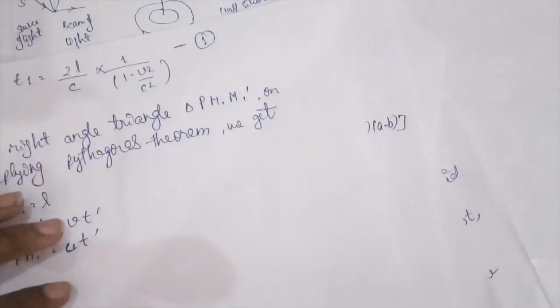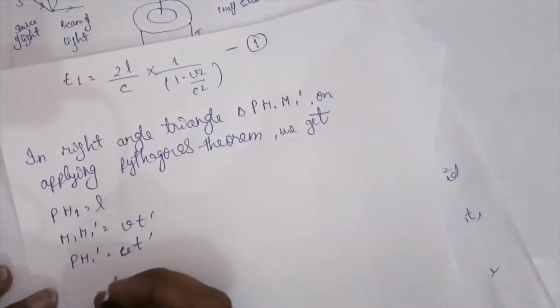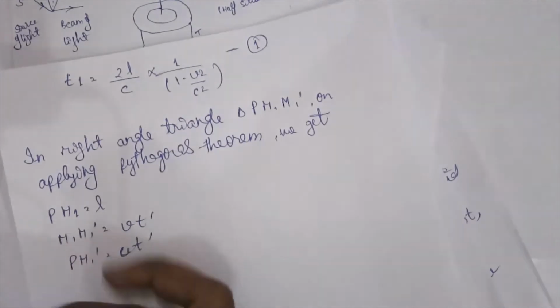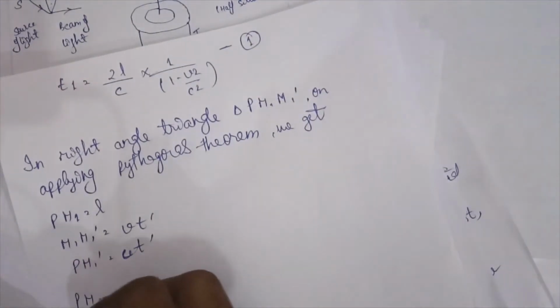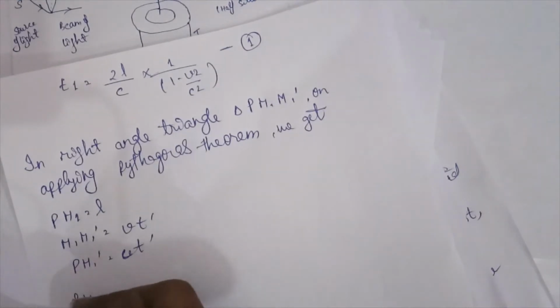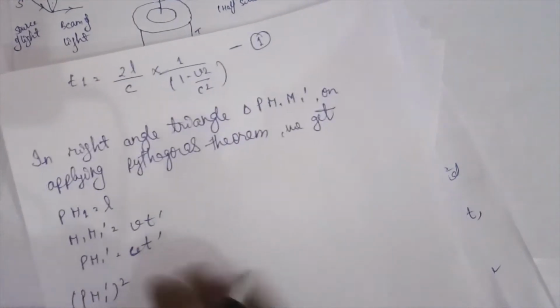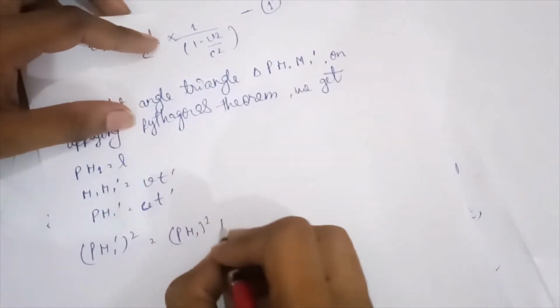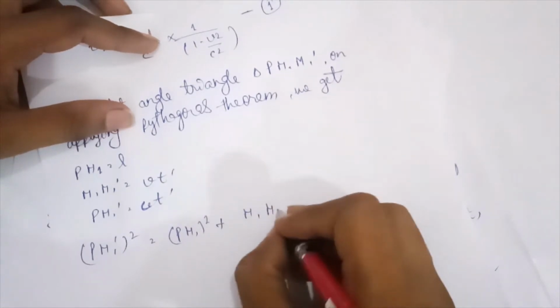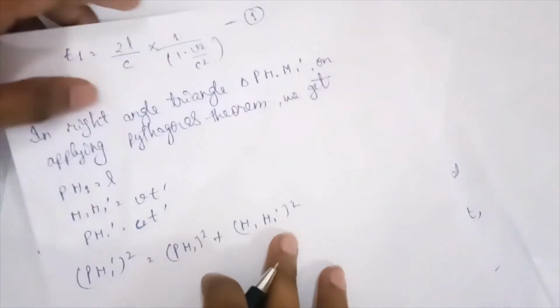Now moving forward, we have PM1 dash whole square equals PM1 whole square plus M1 M1 dash whole square.